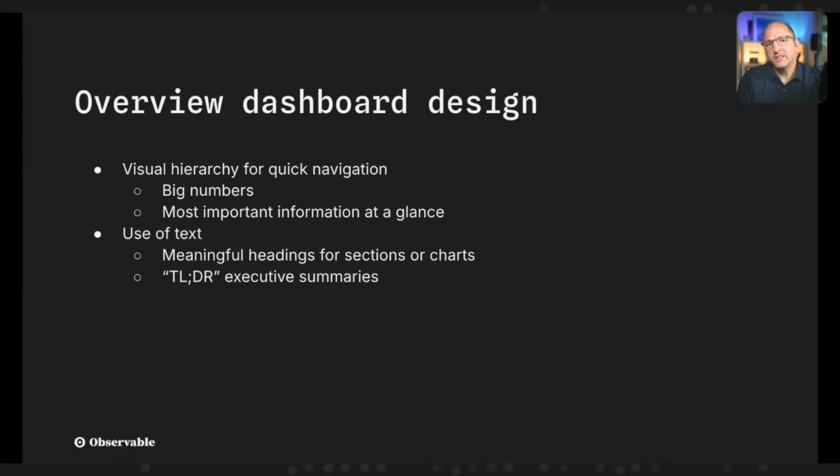And then there are these TLDR, too long didn't read, executive summaries, where you might want to put a summary paragraph at the top, or just a sentence that summarizes what's happening. And this can be generated by code. So if you're able to write code that can do that in your data app, then you can build these little things. It doesn't have to be fancy.